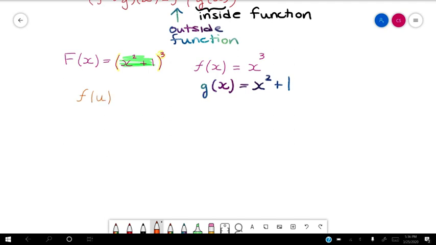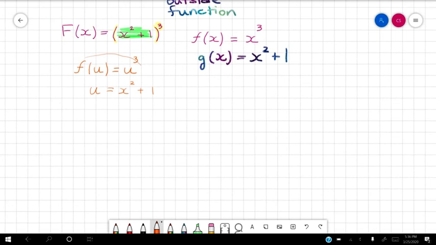Let's introduce the variable u. So we can say the outside function is u cubed, and then u is a function of x, where u equals x squared plus 1. It's the same thing that we did before, but just a different way of looking at it. Writing it like this in terms of u is going to help us with differentiation.